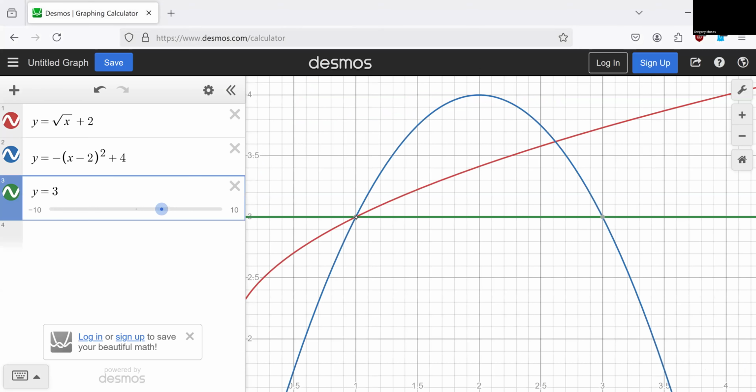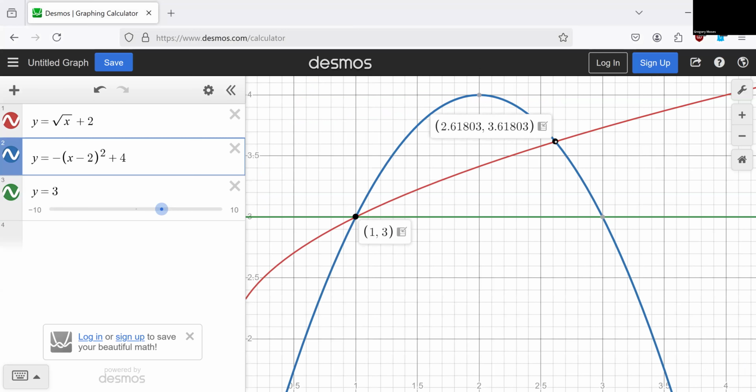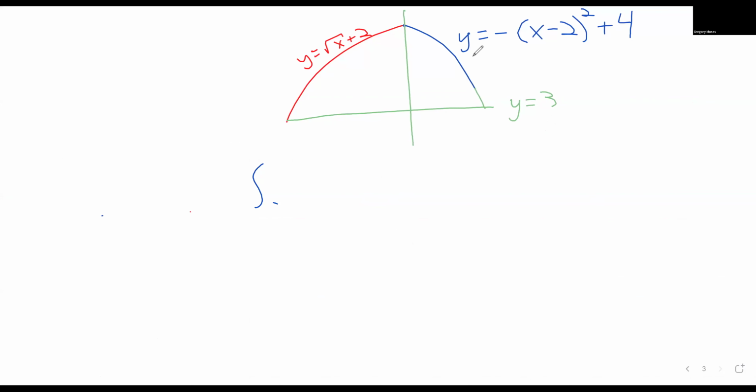We're starting at 1, swap at this messy decimal, 2.6 something, and we end at 3. So from 1 to 2.6, the upper curve is the square root minus the lower curve, which is 3.